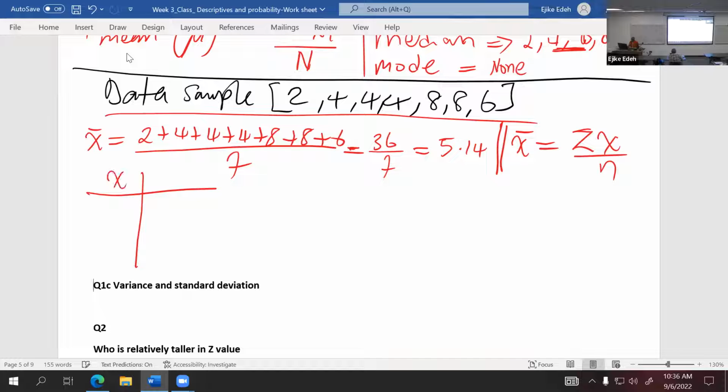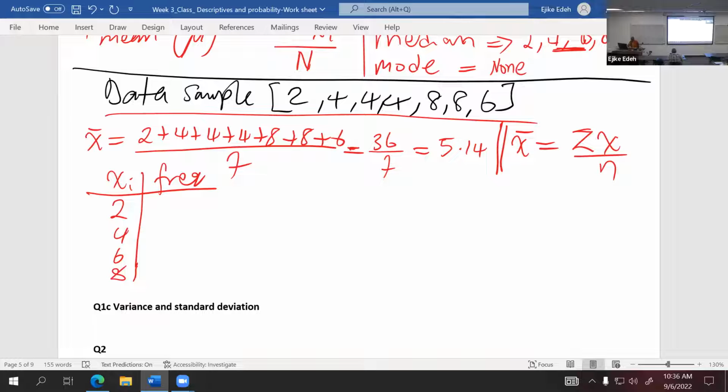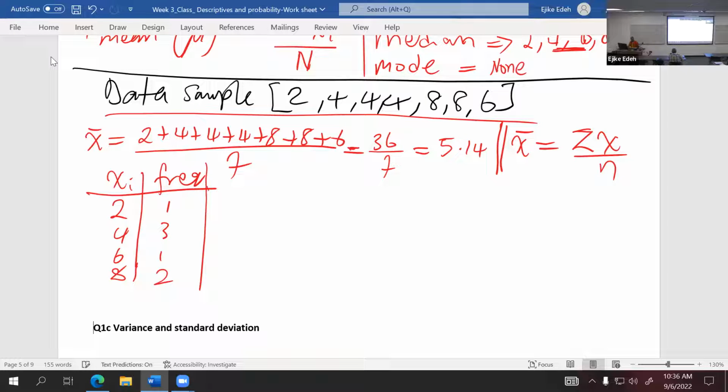This is my data point, and this is frequency, indicating how many times they are occurring. So I have 2, let's keep it in order now, 4, 6, and 8. 2 is occurring once, 4 is occurring 3 times, 6 is occurring once, and 8 is occurring twice.